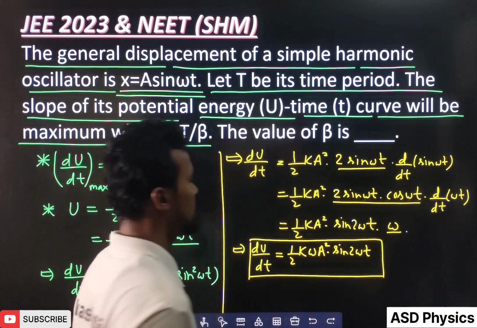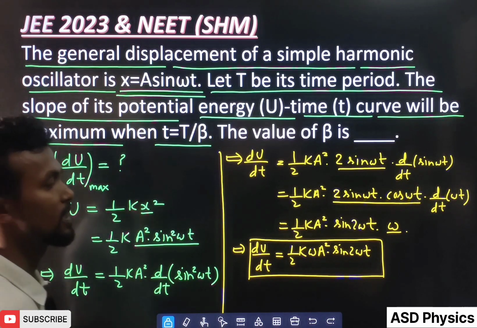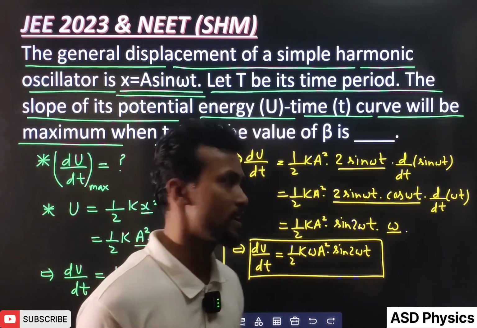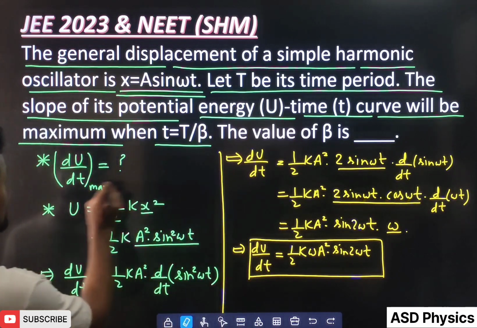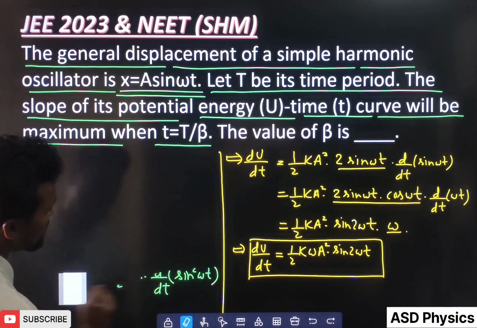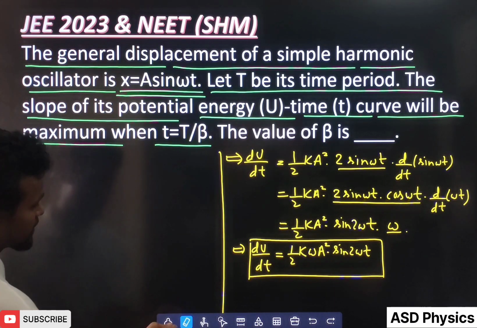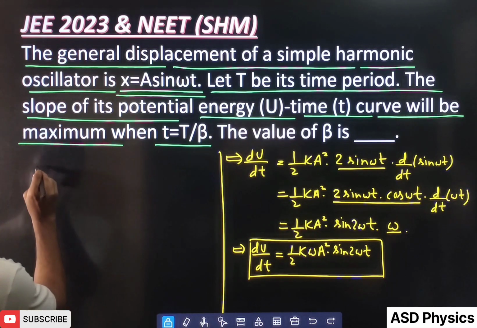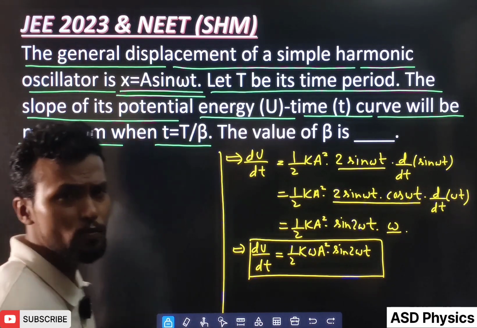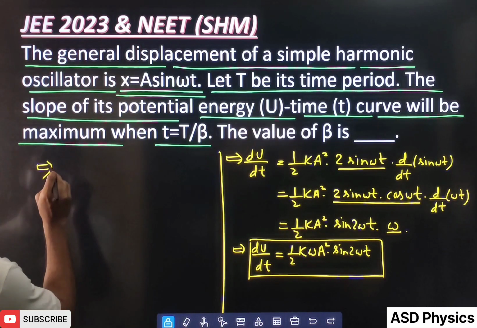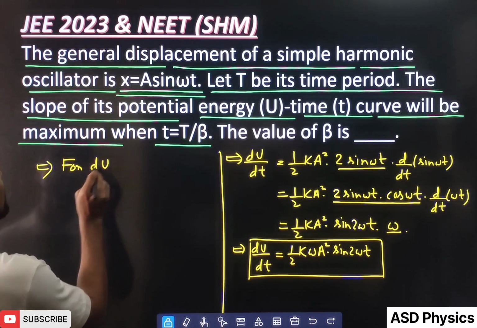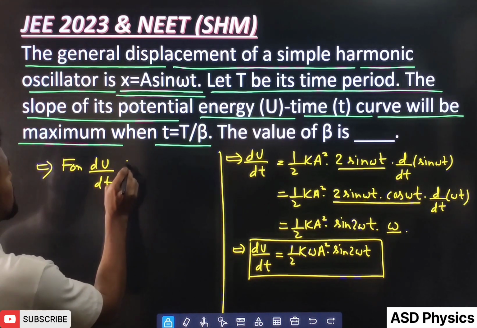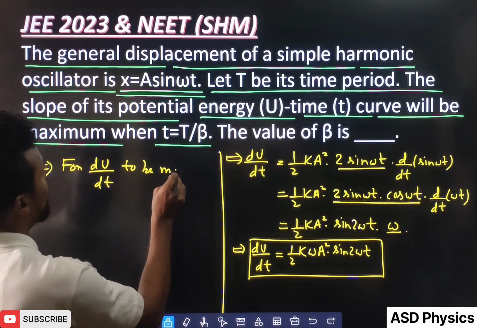So du by dt is half k omega a square into sin 2 omega t. Space is somewhat less, so I will just rough it. Anyhow, we want du by dt to be maximum.